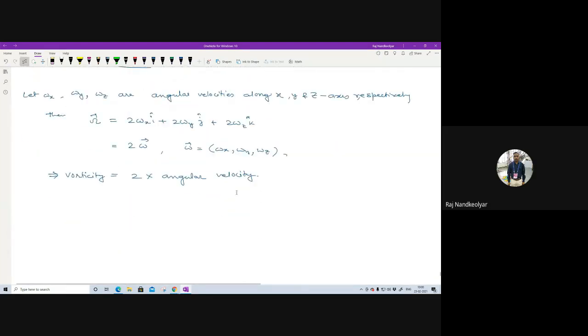So vorticity is equal to 2 times angular velocity. The vorticity measures the angular velocity; the rotationality of the flow is measured by vorticity.